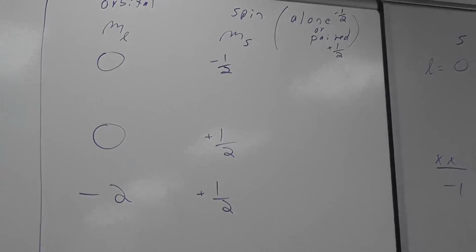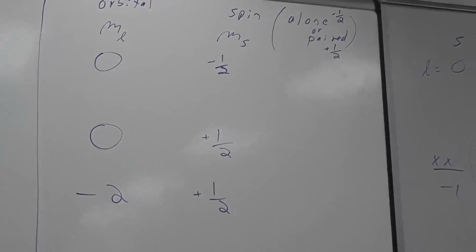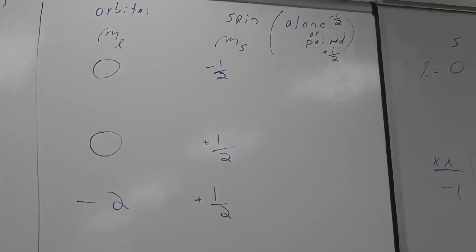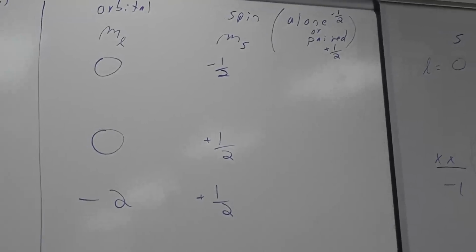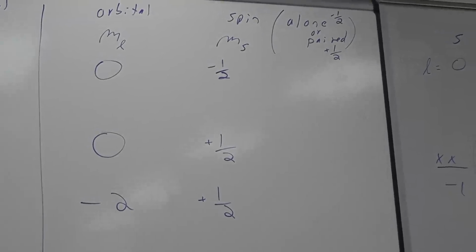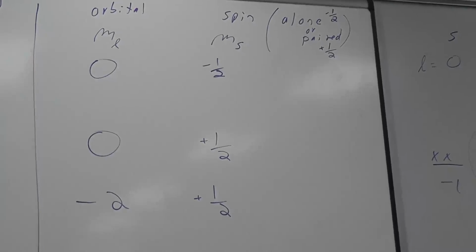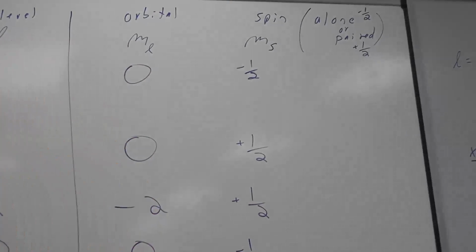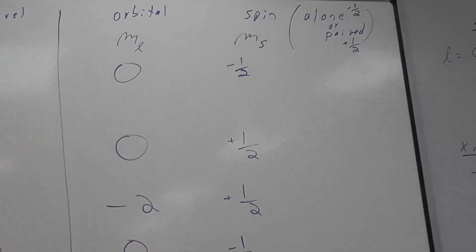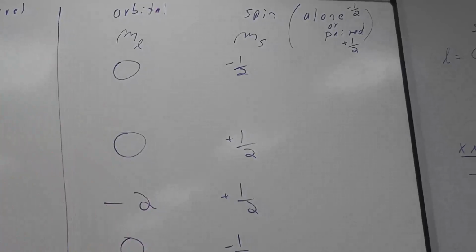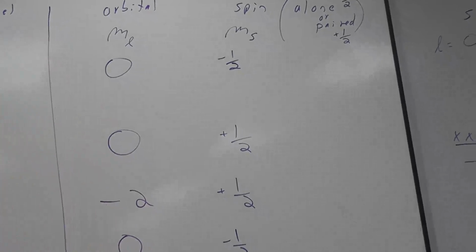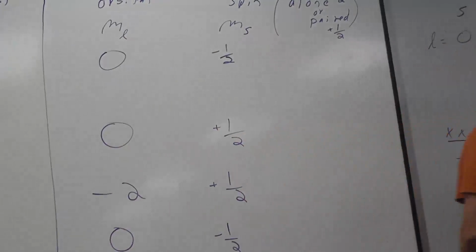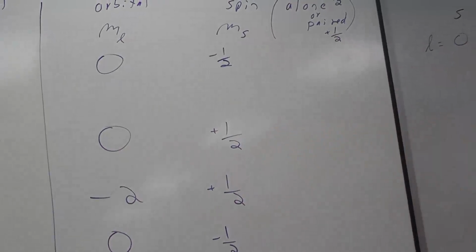Sodium, we're dealing with an S sublevel. That means there's one orbital, and the middle one is 0, right? So that's it. One electron to be placed. Here's the 1. Orbital number is 0. Spin number is -1/2. Californium. We're dealing with an F sublevel.